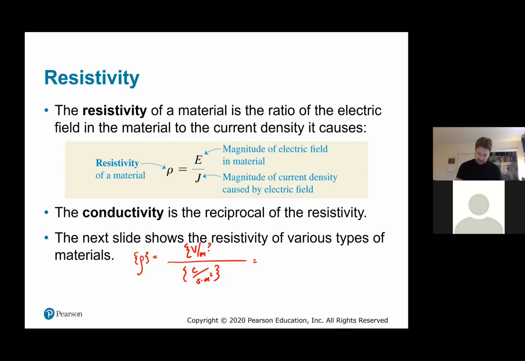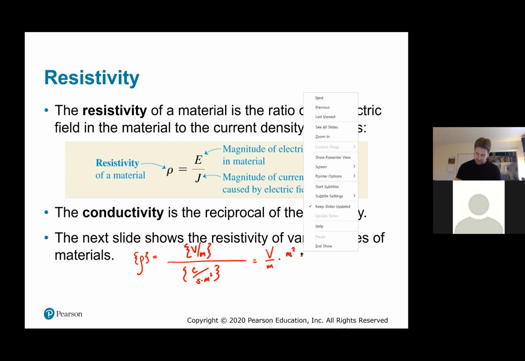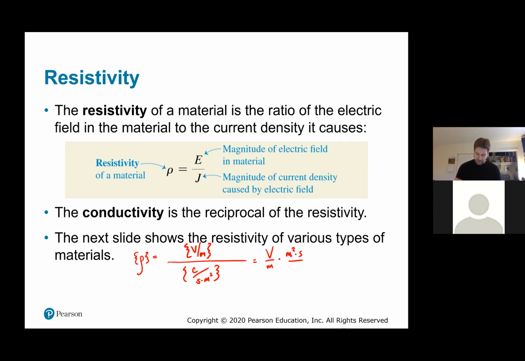Volts per meter. So we got volts per meter divided by coulombs. So we switch it, meters squared seconds over coulombs. So we've got volts, meters, seconds per coulomb. Okay.